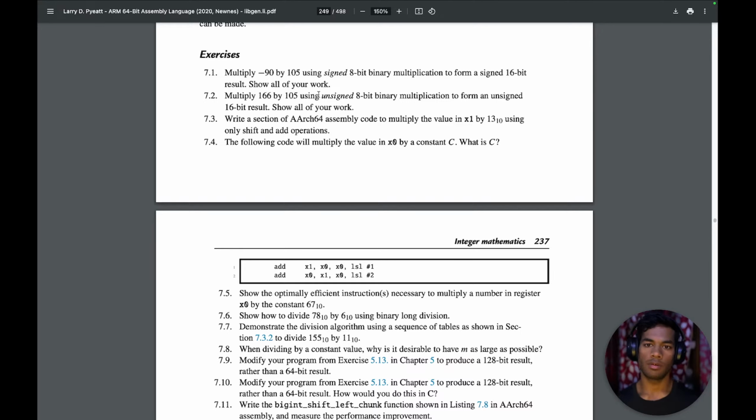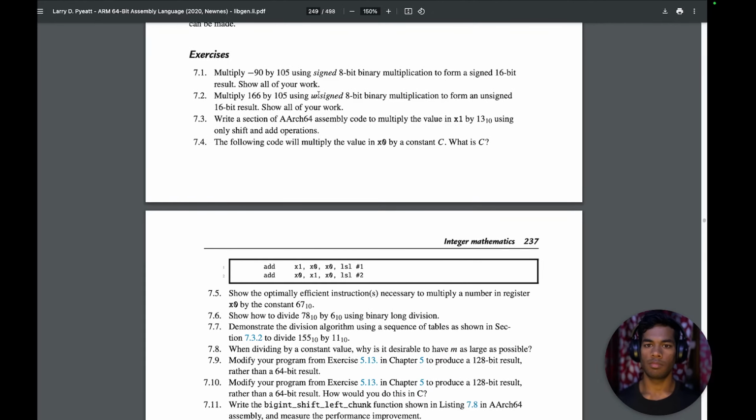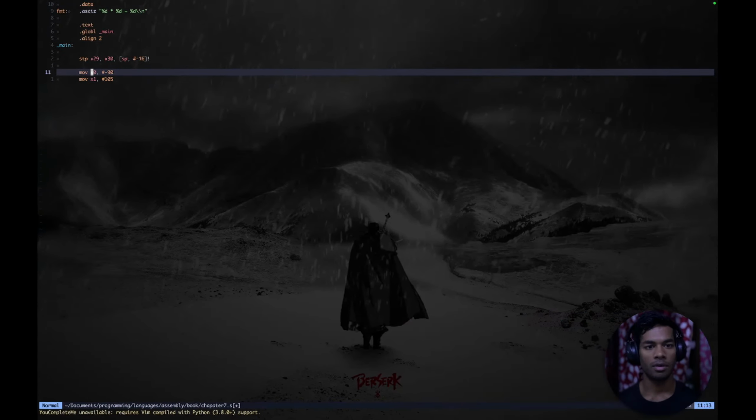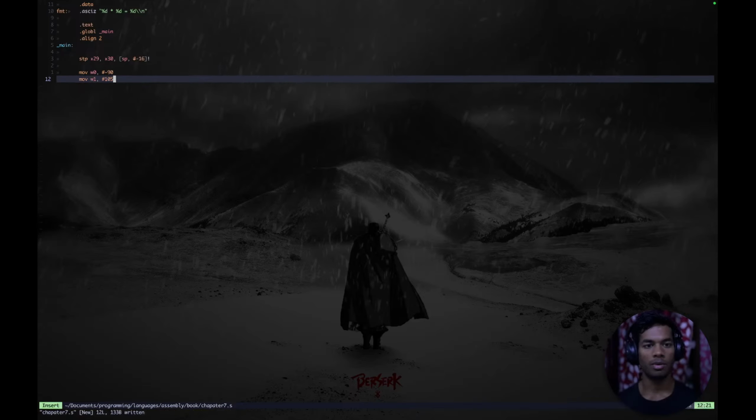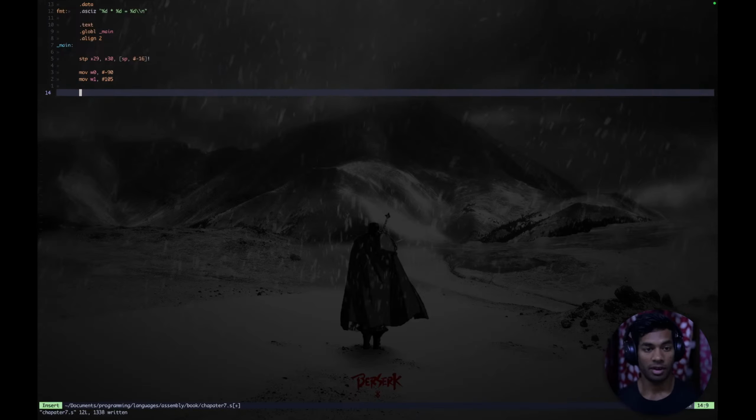Wait, I have to use 8-bit binary multiplication, using 8 signed bit binary multiplication. Let me store them in the first 32 bits. That is, I guess, the best I can do. Again, you cannot access 8 bits of a register. The least I can get is 32 bits. Now I want to multiply these numbers, and I know that one of them is a negative number.